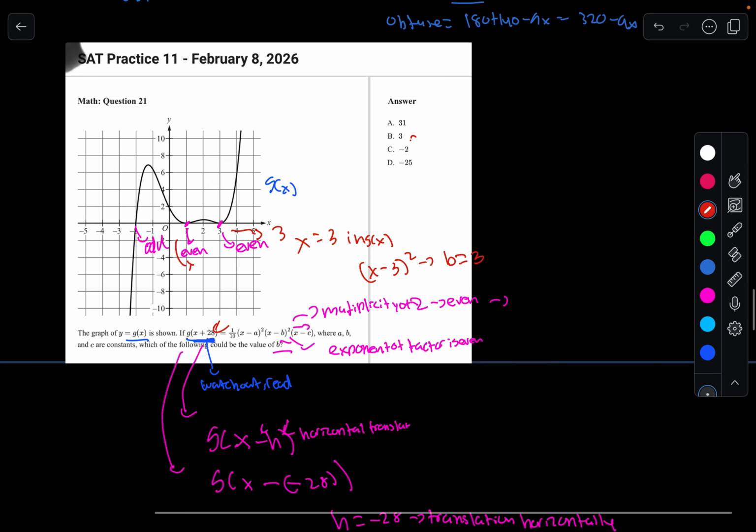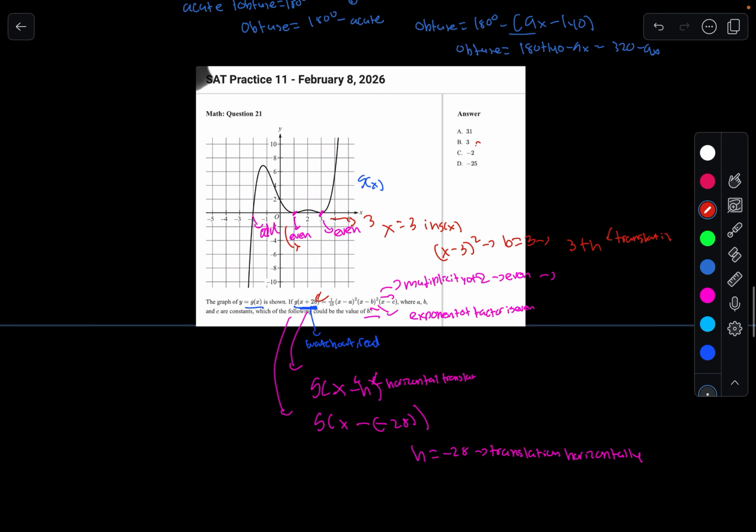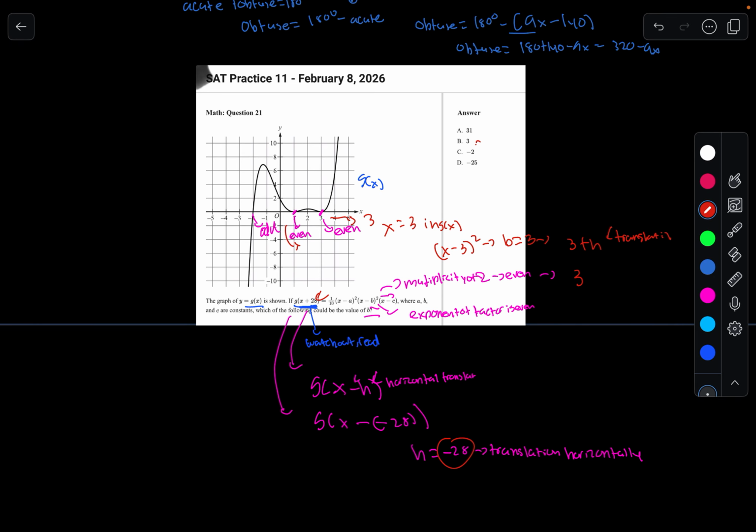So what is b now? The real b is this number, 3 plus h, the translation. And we found earlier that h is equal to negative 28. So just do 3 minus 28. That is equal to negative 25. That's D.